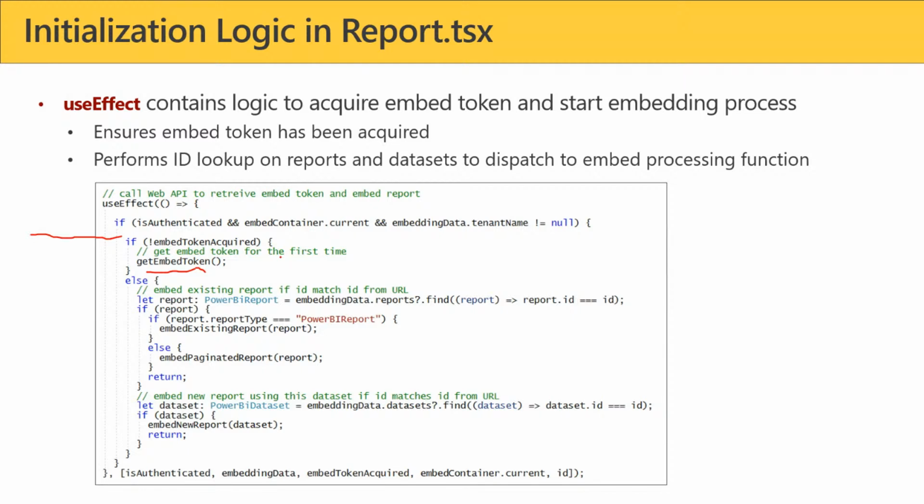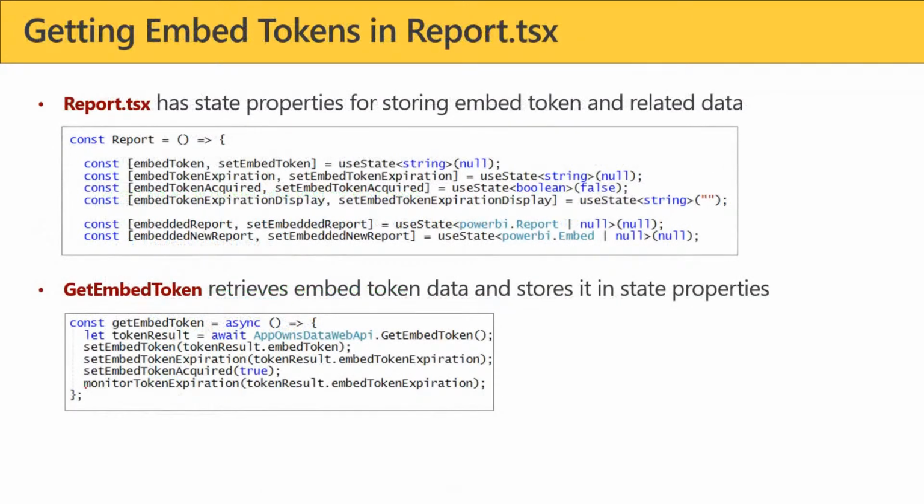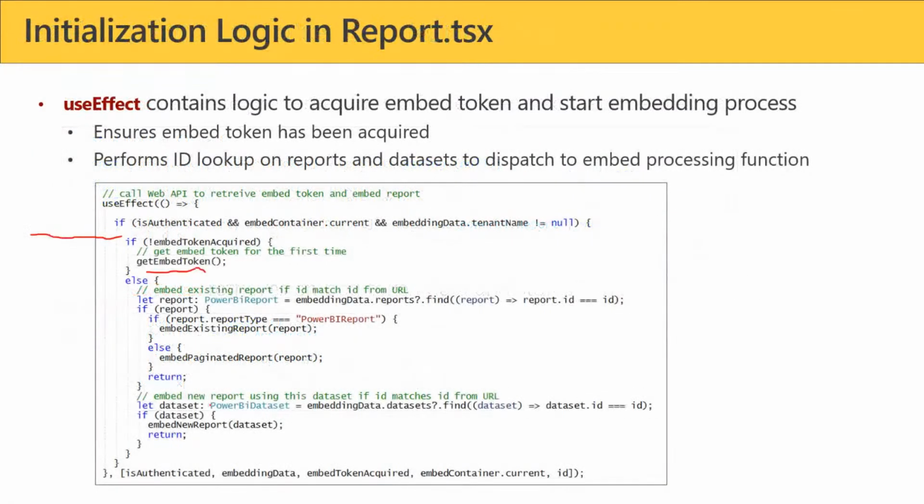And the idea is that if I go back to the previous slide and we call getEmbedToken, what happens is we call across the network to get the embed token. Sorry for my drawing. And then the next thing that we do is we say setEmbedToken, which basically forces the useEffect method to fire again. Anytime we switch the embed token, we're going to run this.